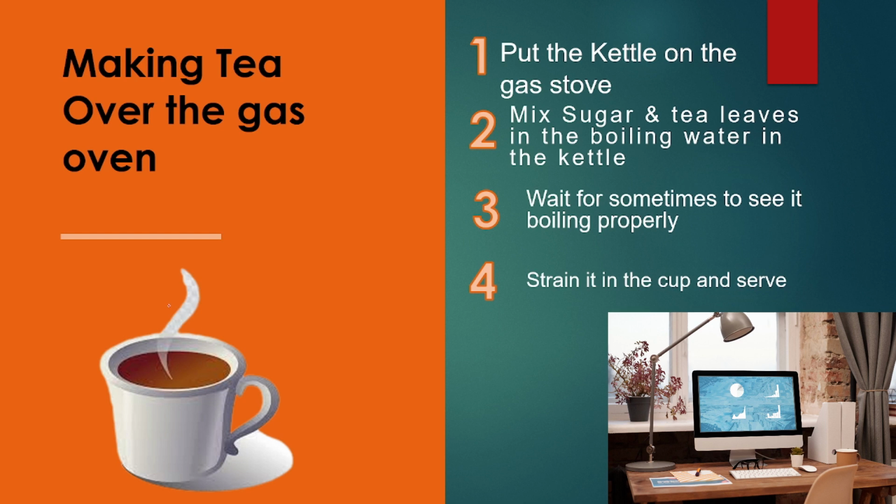So you take a piece of paper and write: put the kettle on the gas stove, switch on the gas stove, mix sugar and tea leaves into it, wait for the tea to boil, and once it is boiled, strain it and serve it. Since she understands English, she will read all the instructions one by one and perform the activities. After that, the outcome is a cup of tea.